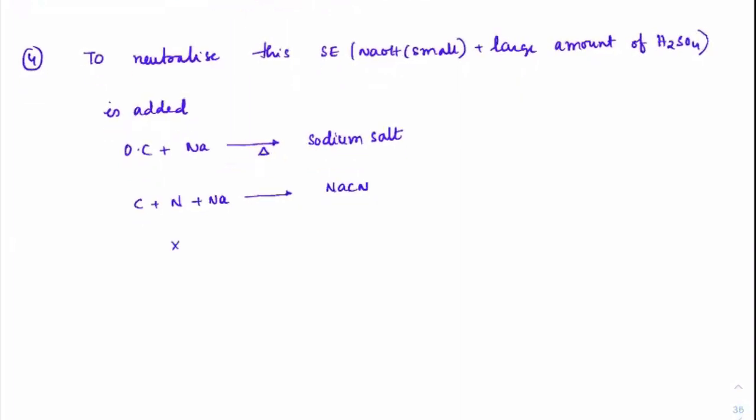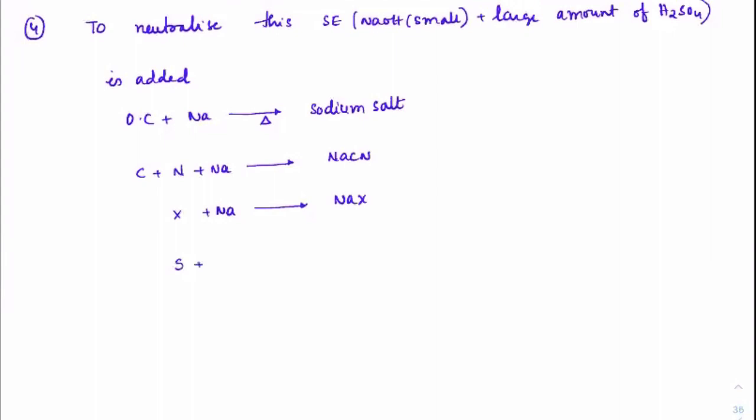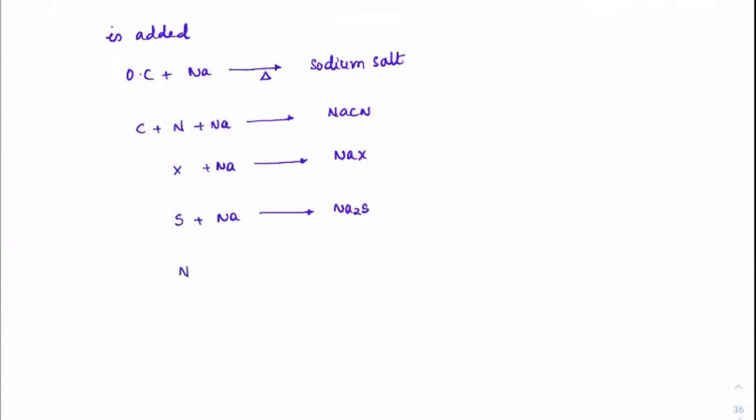Similarly, if there is a halide and sodium, it would usually give us NaX as the salt. If it is sulfur and sodium, we may get Na2S. If nitrogen is more, we may get NaN3. But azide formation is very less.